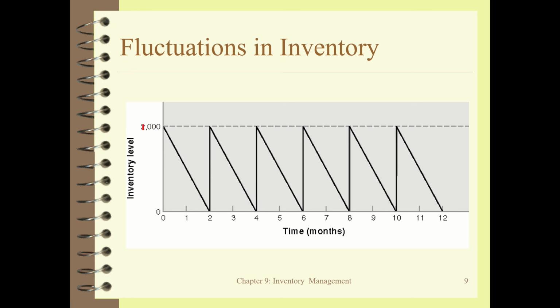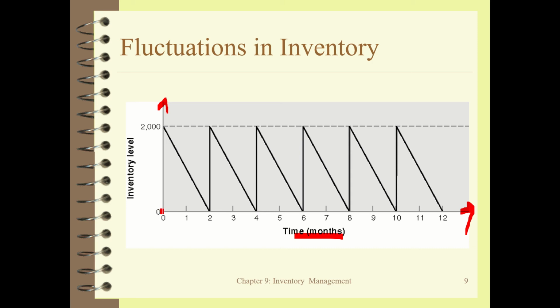This is the picture to represent the inventory level. The y-axis represents the inventory level in our stock, and the x-axis represents time. Because we use months, the time is in months: the first month, second, third, fourth, and so on and so forth.